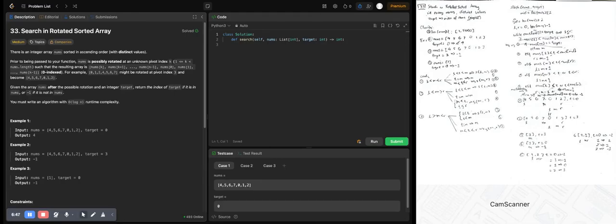This would be a 2 times log n algorithm, because the first log n comes from finding the head of the original nums, and then another log n is for the binary search for the target.